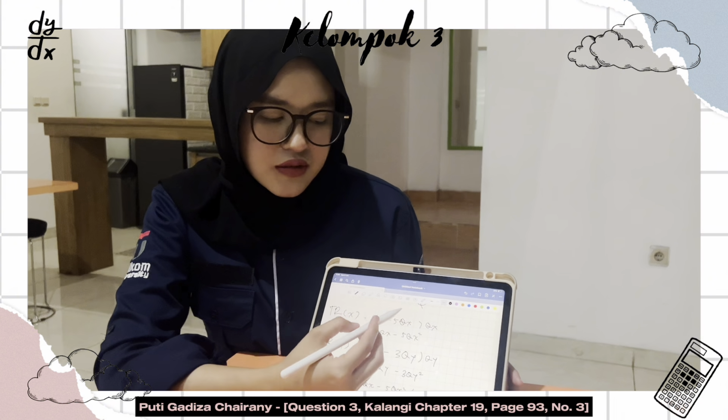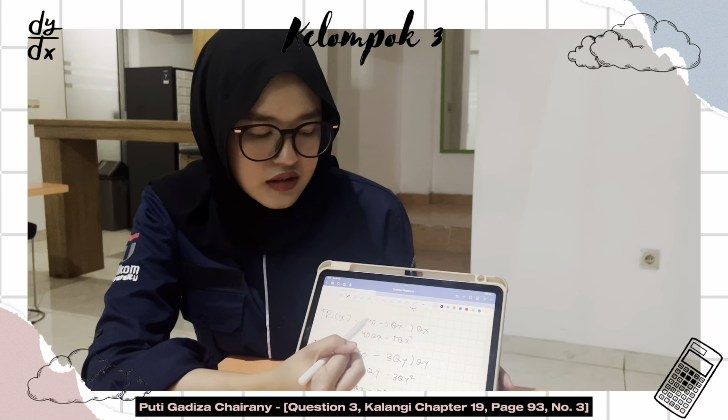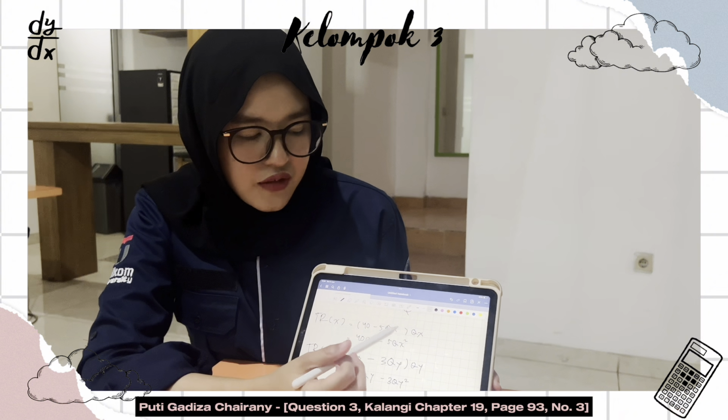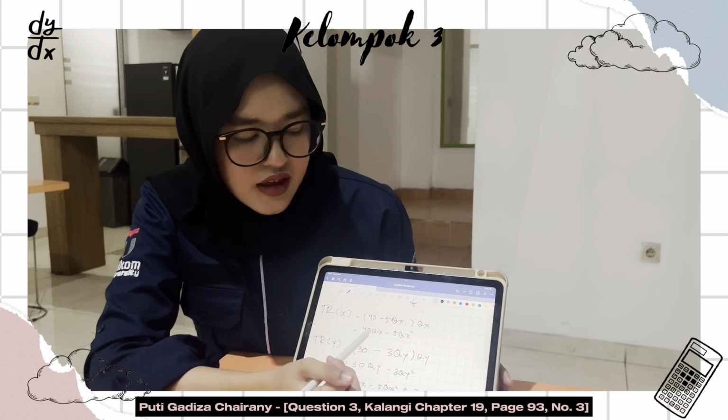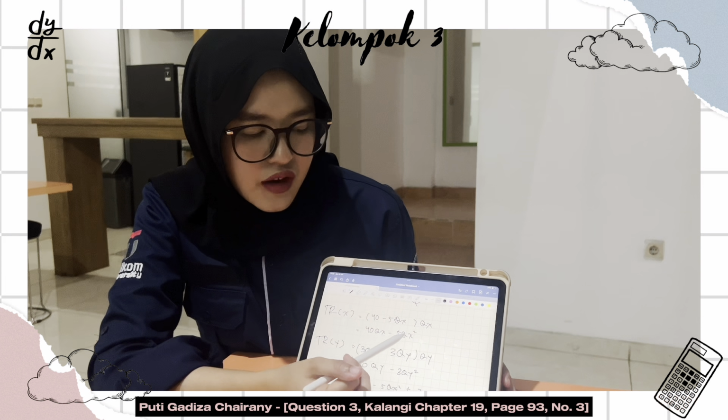Okay, the first one we're going to find the total revenue from function x and y. So 40 minus 5qx multiplied by qx, and the result is 40qx minus 5qx squared.